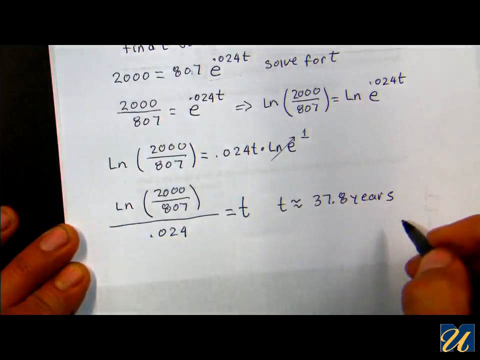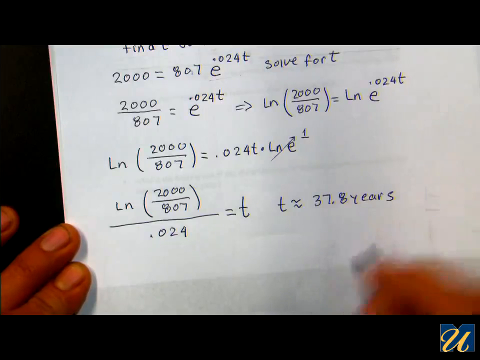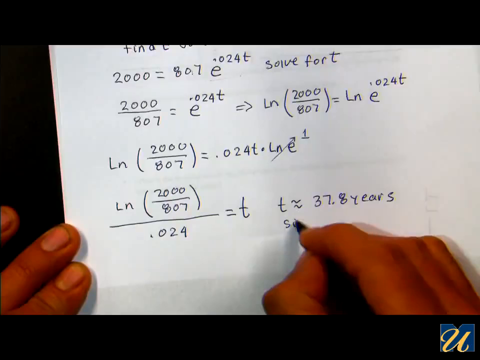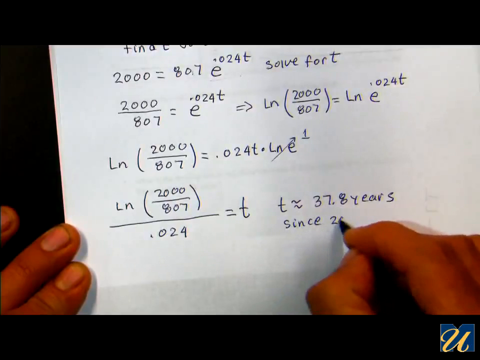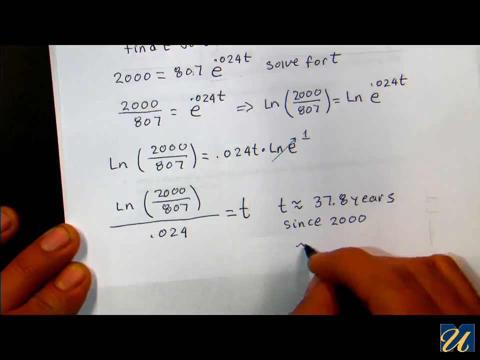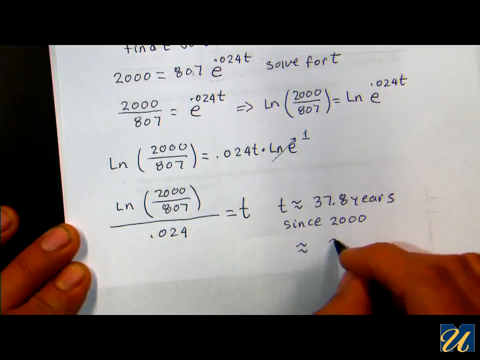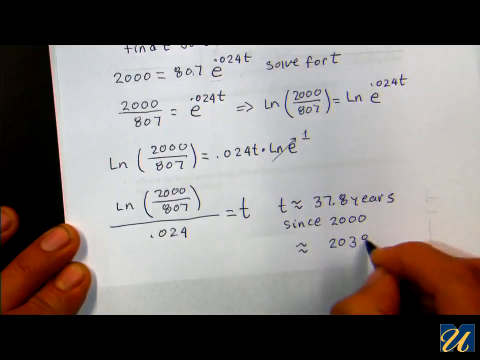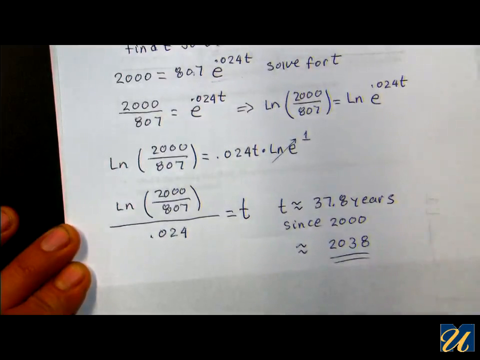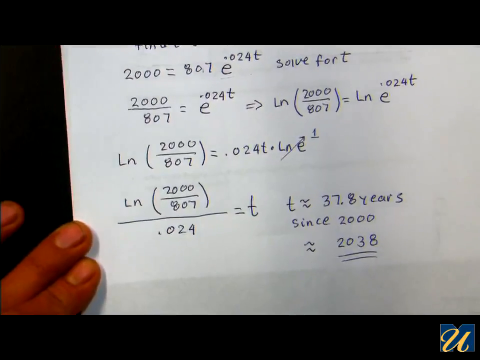Remember, this is measuring time since the year 2000, so this is years since 2000, or in other words, approximately the year 2038. And approximately that year, the population of Africa, according to this exponential model, if the percent rate of growth stays the same, would reach 2 billion people.